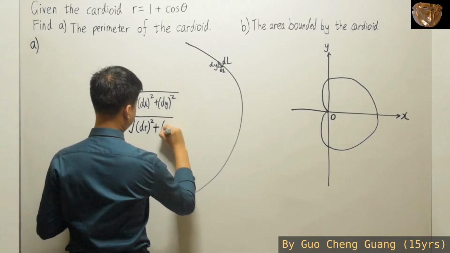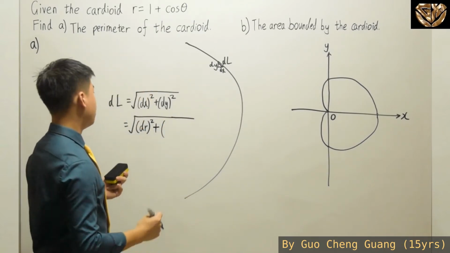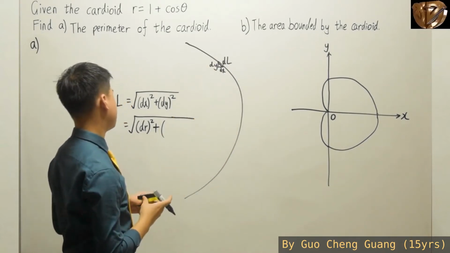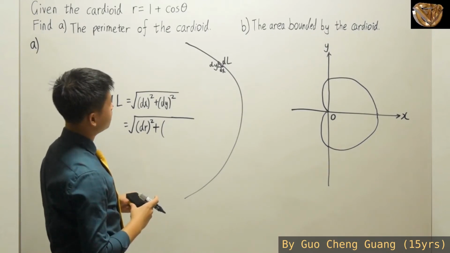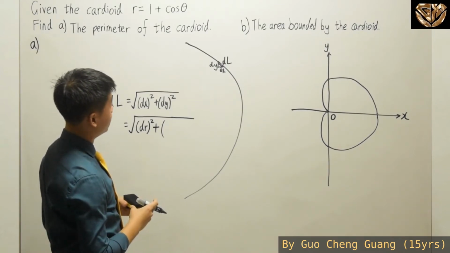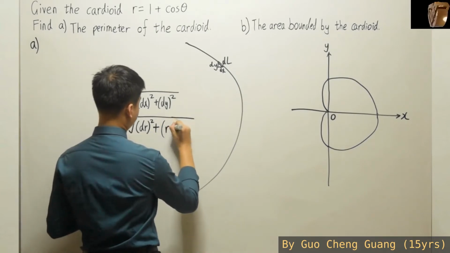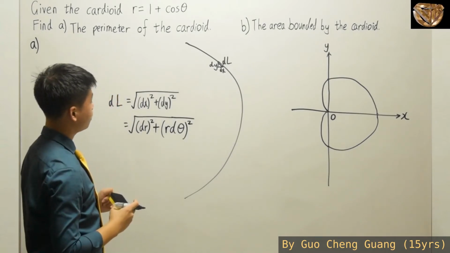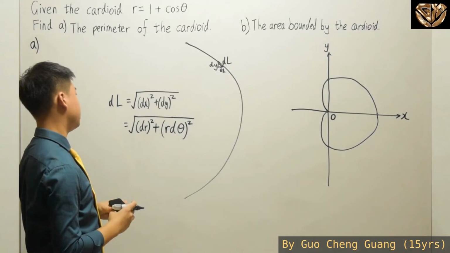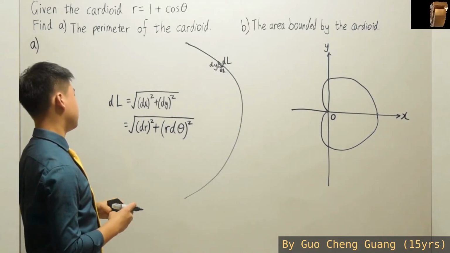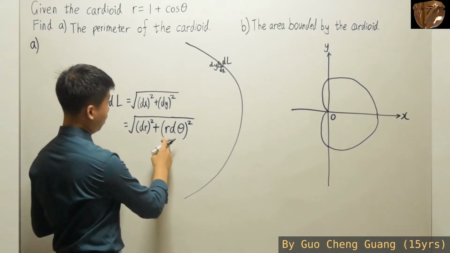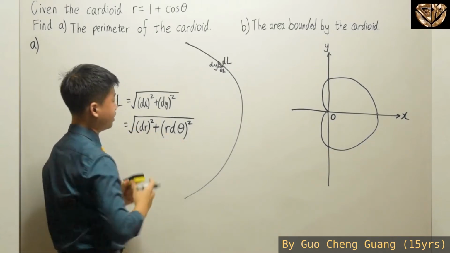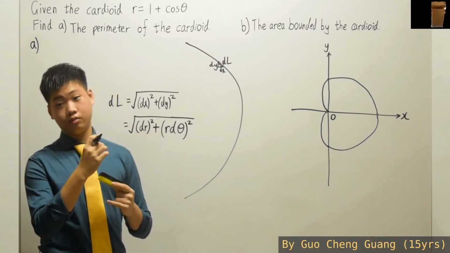We want a little section of this other part. How about we use r d theta? You might be wondering, what is r d theta? r is your length, and d theta is that little angle you have. So this part here would be the little arc that you will see.